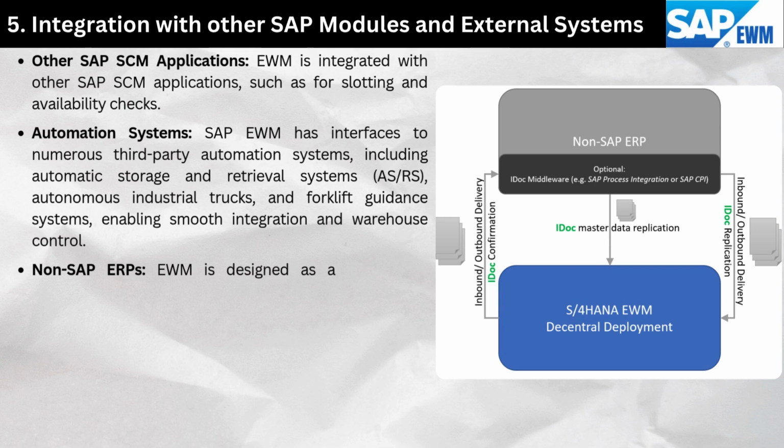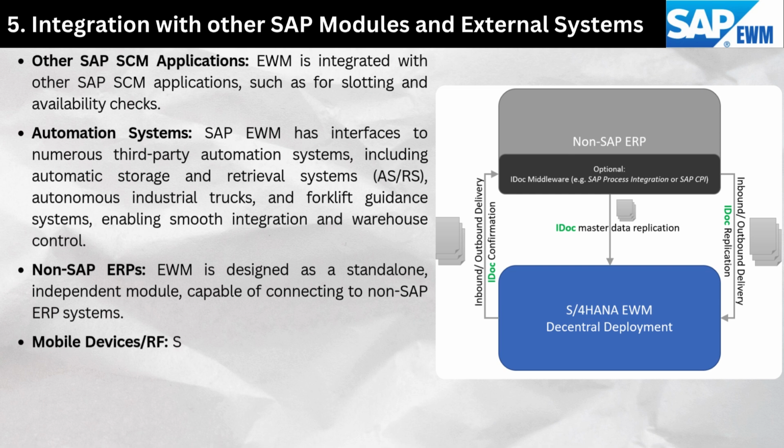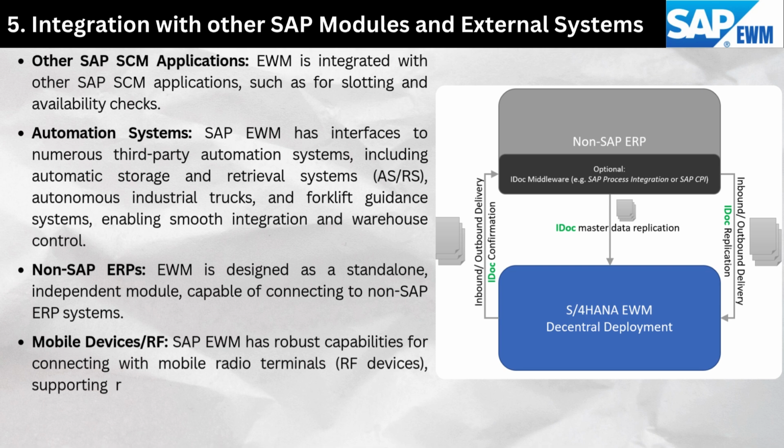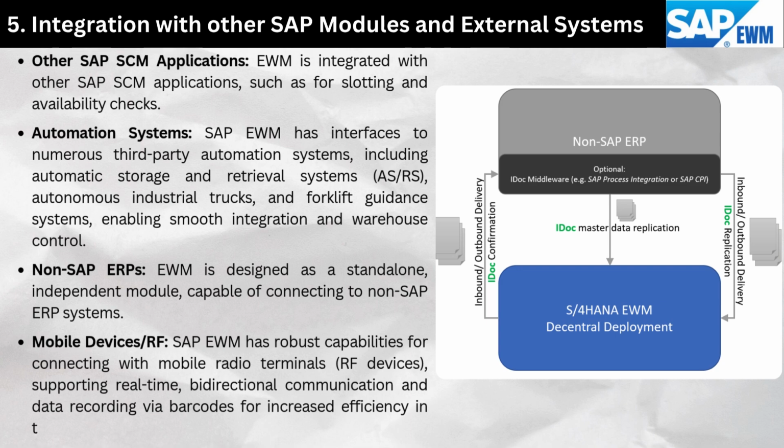Non-SAP ERPs. EWM is designed as a standalone, independent module capable of connecting to non-SAP ERP systems. Mobile devices/RF. SAP EWM has robust capabilities for connecting with mobile radio terminals, RF devices, supporting real-time, bidirectional communication, and data recording via barcodes for increased efficiency in the warehouse.